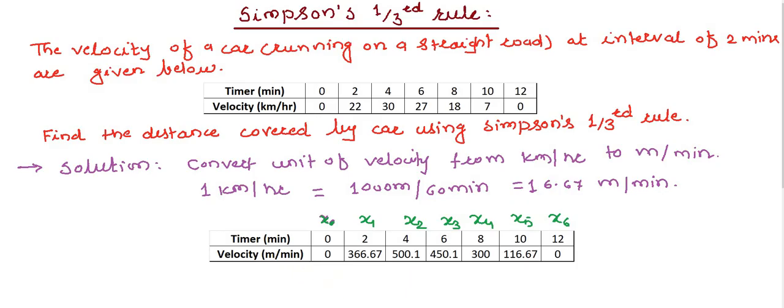Similarly, the velocity is on the y-axis, so it becomes y0, y1, y2, y3, y4, y5, and y6. So here y0 to y6 are given directly. Now we have to use Simpson's one-third rule to find out the distance covered by the car.